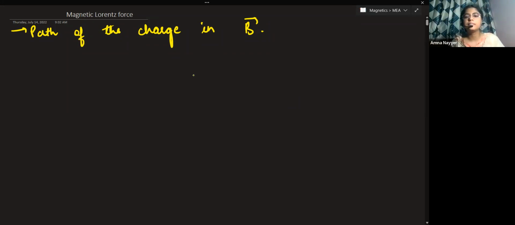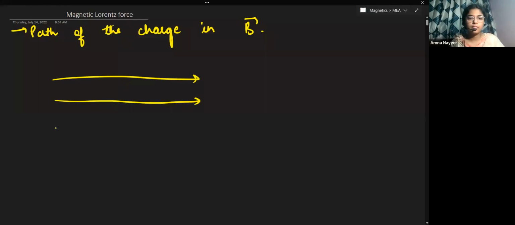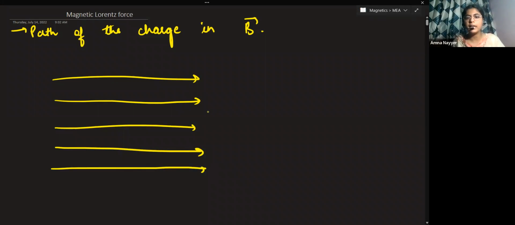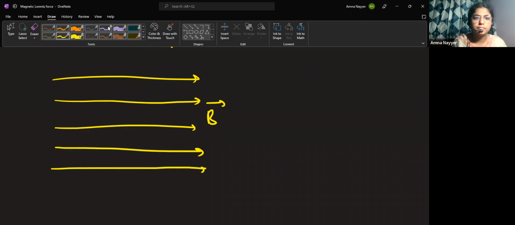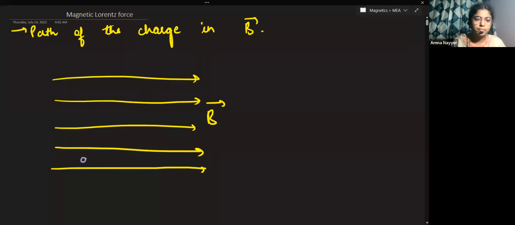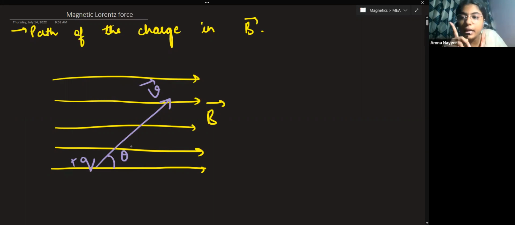Let's say these are the magnetic field lines, B, I have taken. And there is this charge. This is the charge plus Q that I have taken, and it is moving with some velocity V, making an angle of theta with the magnetic field lines. The angle between the magnetic field lines and the velocity is taken as theta.